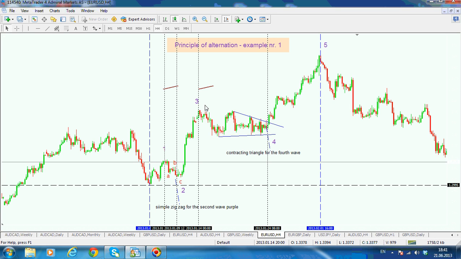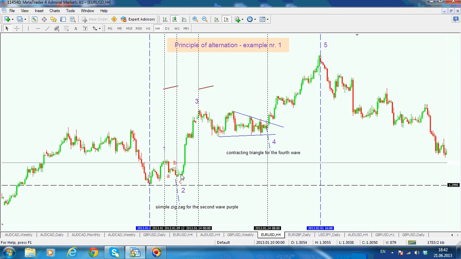Now, in this case, we had a simple structure or simple correction for the second wave, but it may be the case that you have a complex correction or a more powerful correction for the second wave, and then you're looking for the fourth wave to be the opposite, to take less time, and the price to travel a smaller amount than the second wave, and so on and so forth.